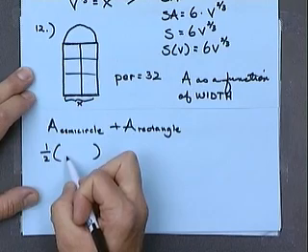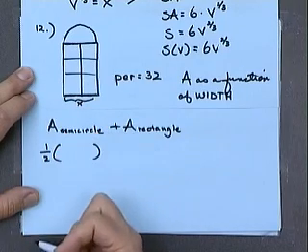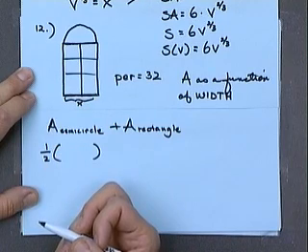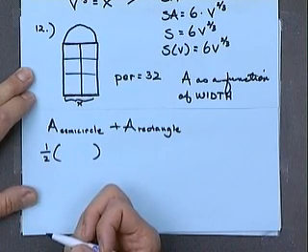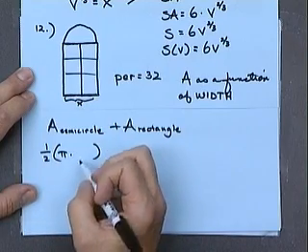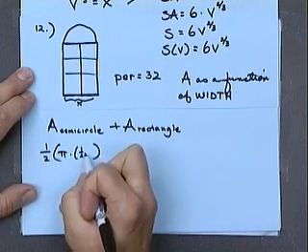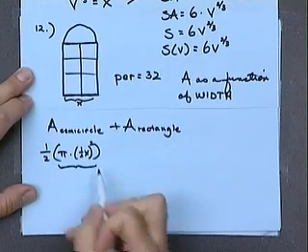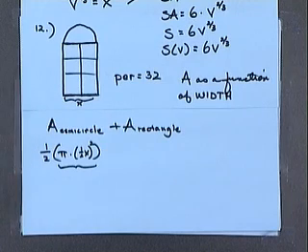So in terms of the radius, what's the area of a circle? Pi r squared. So we want pi times this radius, 1/2 x, squared. There's the area of the entire circle, and we want half of that because it's a semicircle.